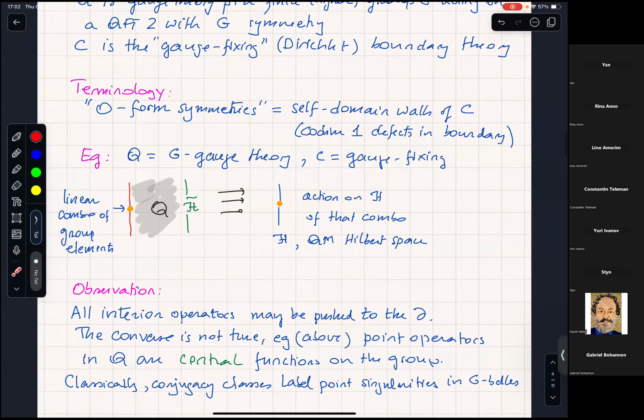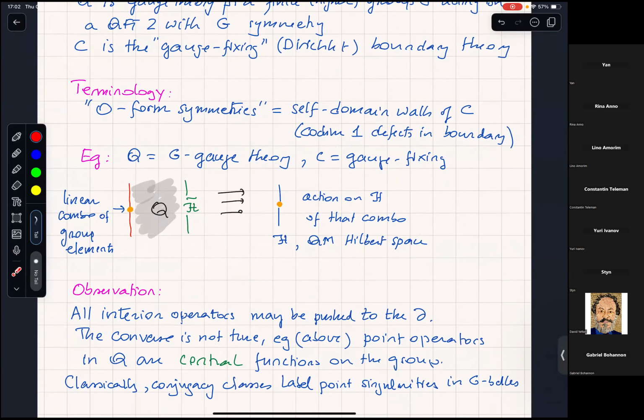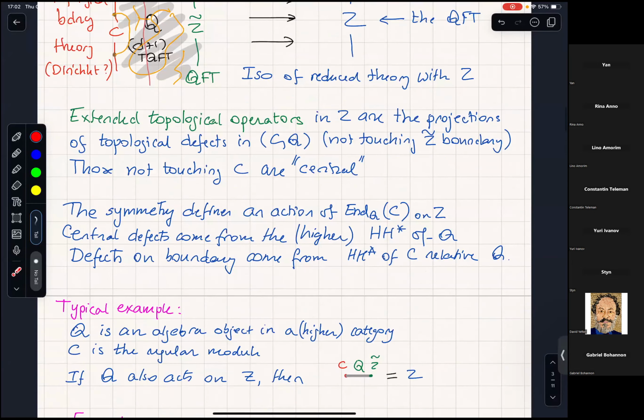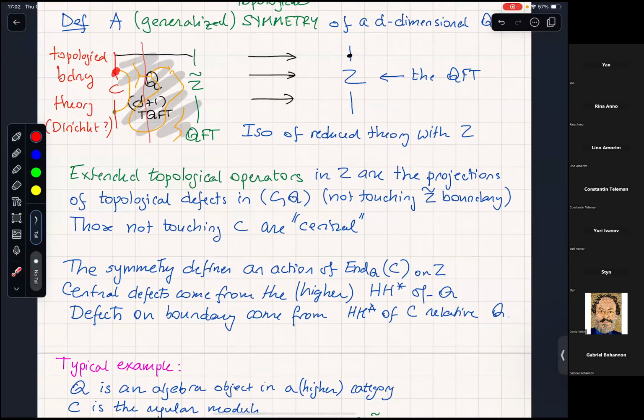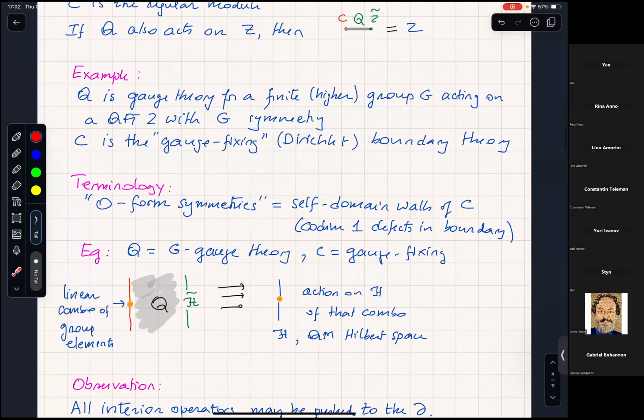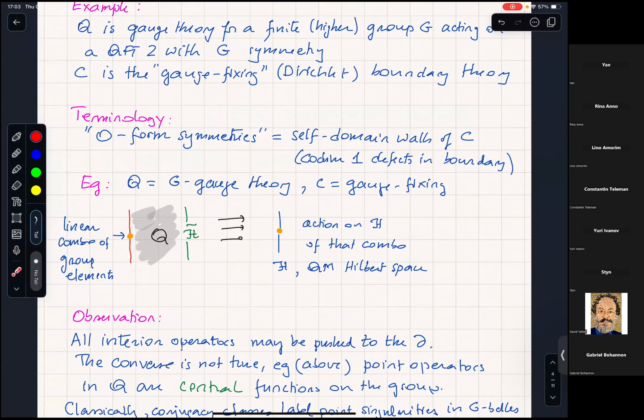And the terminology, if I got it right, I mean, it's very confusing. But zero form symmetries, they mean codimension one defects embedded in the boundaries, defects of the boundary. And the typical example is the following. Let's say the QFT is in dimension one, so it's quantum mechanics, the Hilbert space is the Hamiltonian.